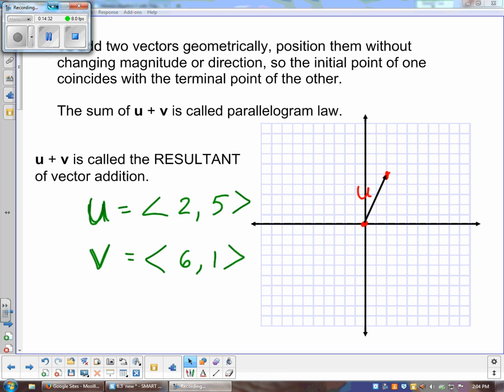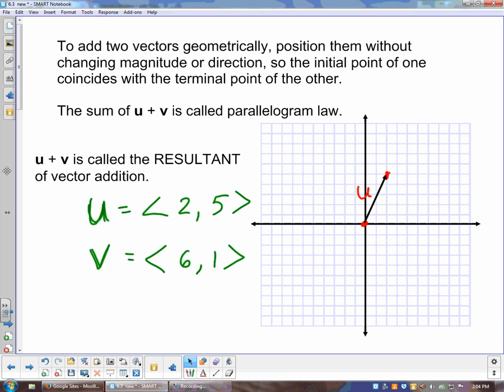And now let's draw in vector v. Vector v goes from (0, 0) right here to (6, 1). (6, 1) is right here. So if I draw in that vector, that vector is going to look like this.